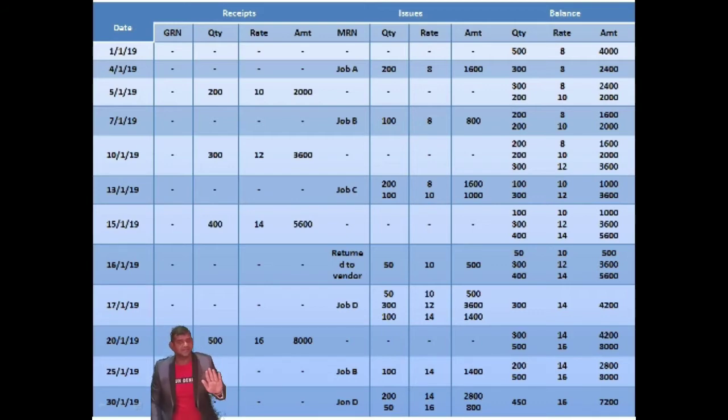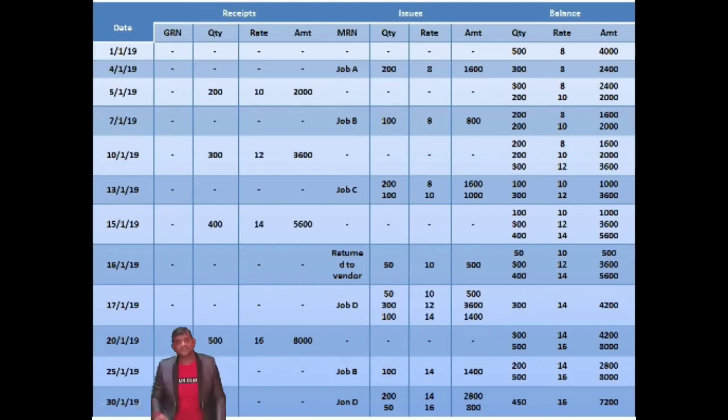Under issues, in the MRN column we write job A. Quantity 200 units at the rate of rupees 8 per unit. So 200 into 8 comes to 1,600 rupees.